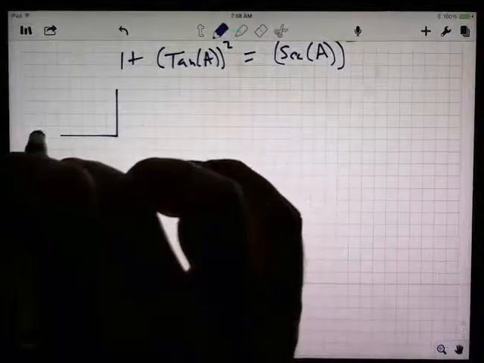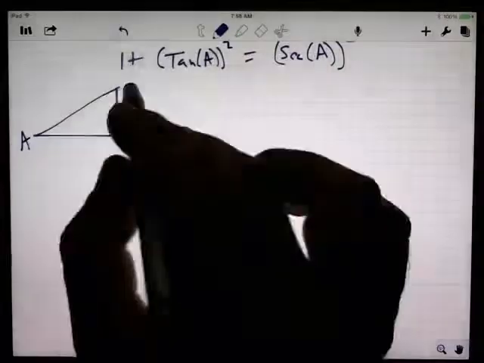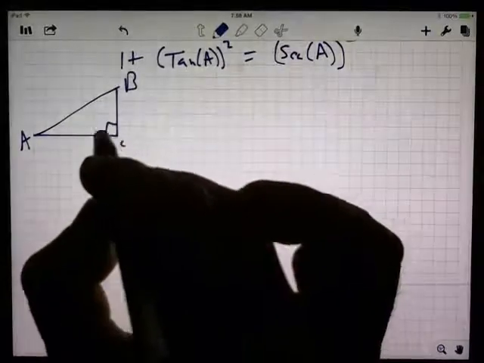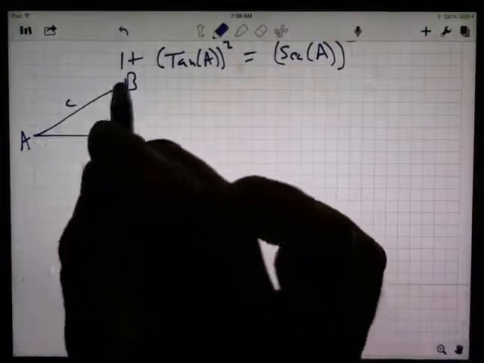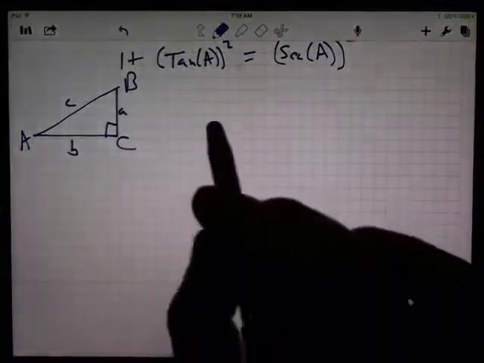I'll draw my triangle in again here. Here's A, here's B, here's my right angle C, big C. Little c is the opposite side there, little a is the opposite side here, and the opposite side there. Okay.